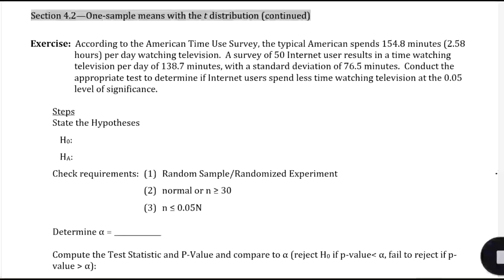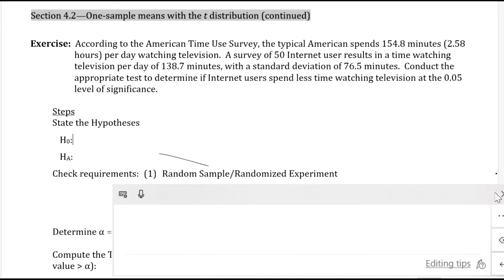So again, we have to first look at the parameter of interest. We are talking about the mean time watching television per day, so our parameter of interest is mu.